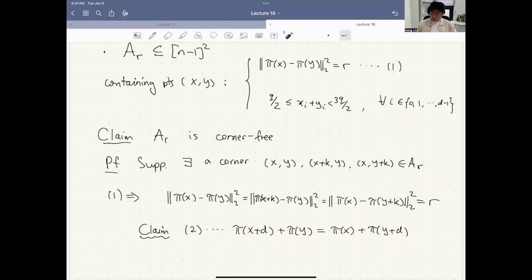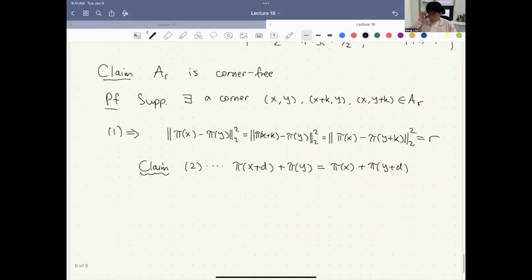Let's prove that this corner would derive a contradiction.